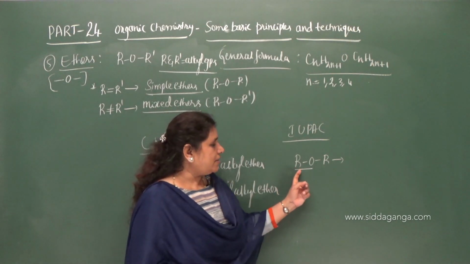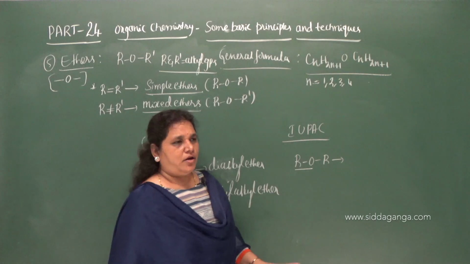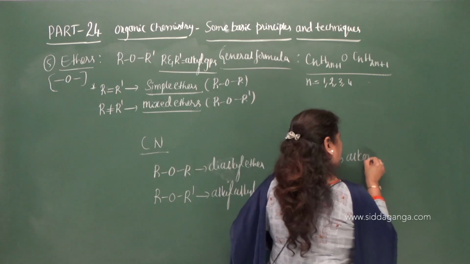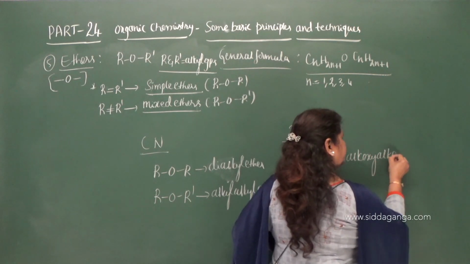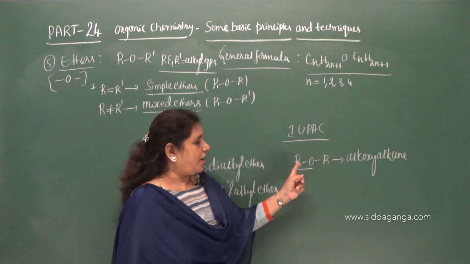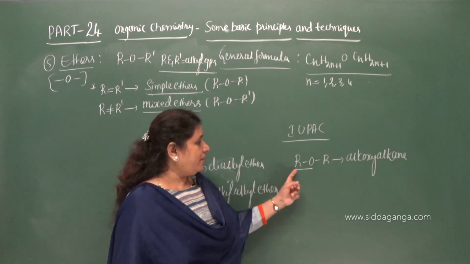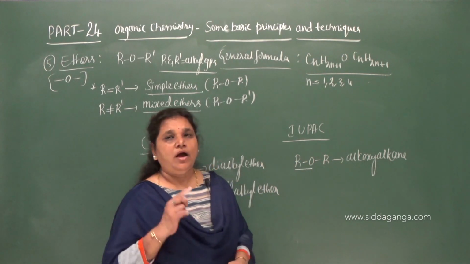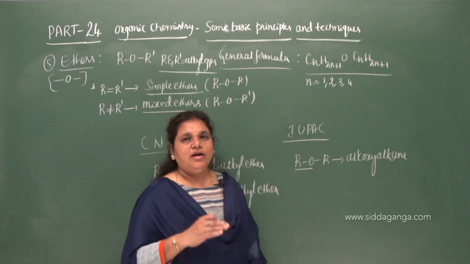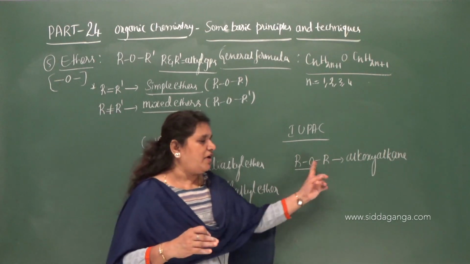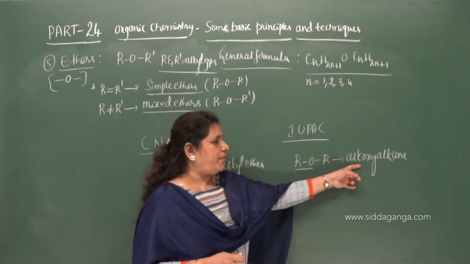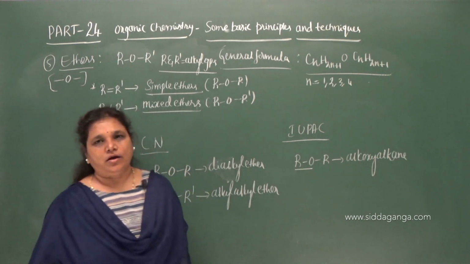Then the alkyl group with the oxygen becomes alkoxy, and the remaining alkyl group you have to take as the root word for the compound, alkane. So the name is an alkoxy substituted alkane. That is the IUPAC name of the simple ether, alkoxy alkane.